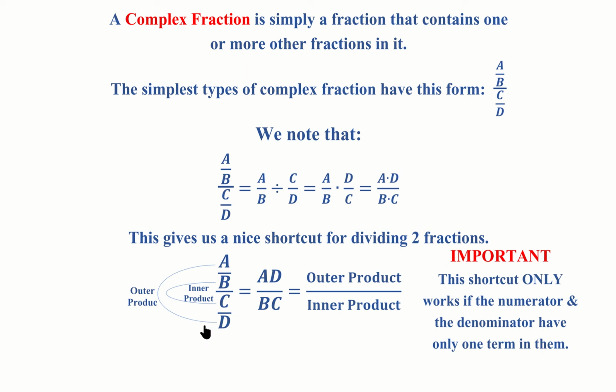We notice a nice little relationship. It looks like when you divide a over b by c over d, you're going to get this outer product over this inner product.